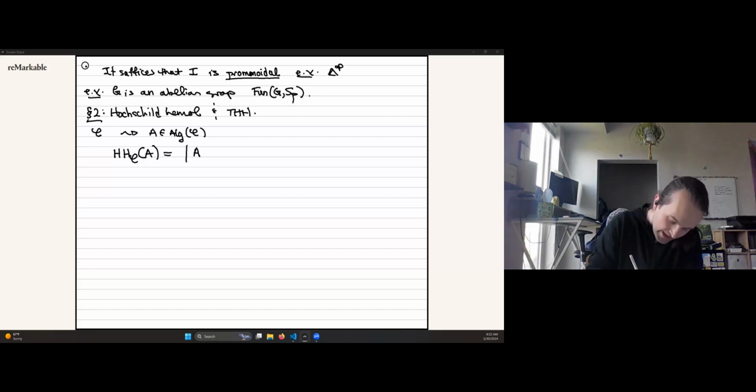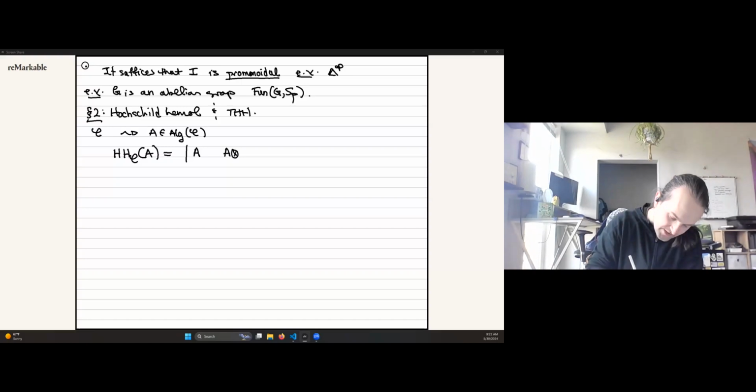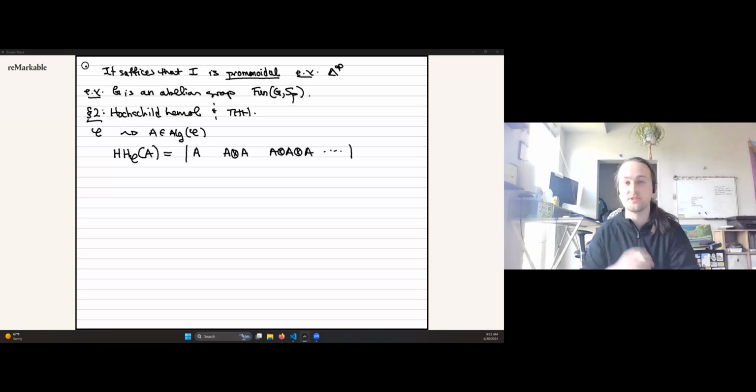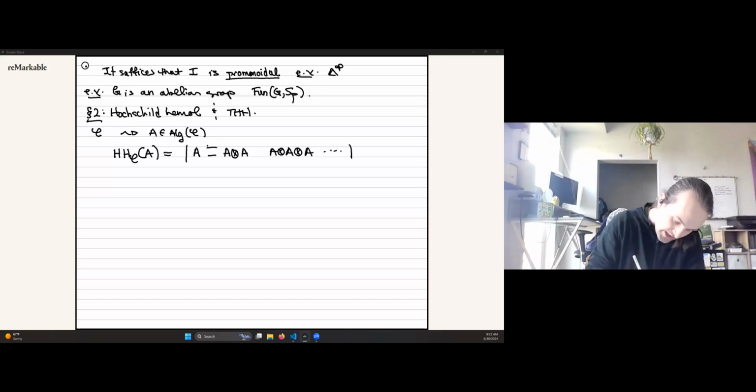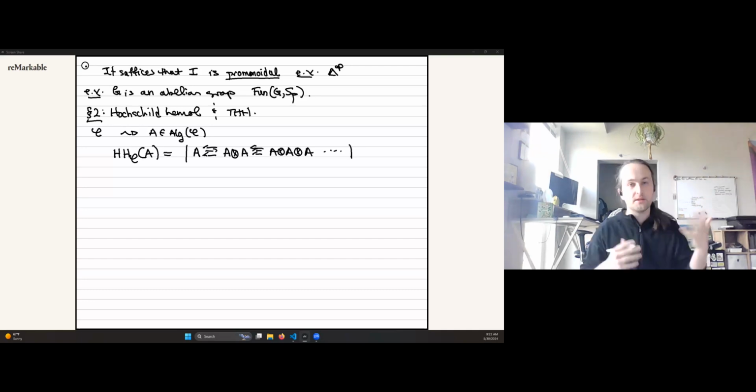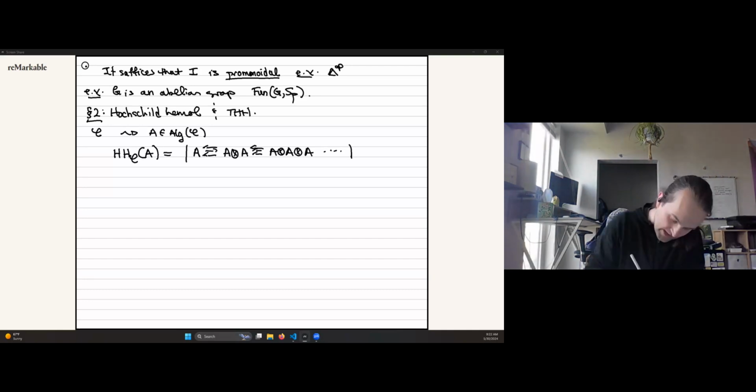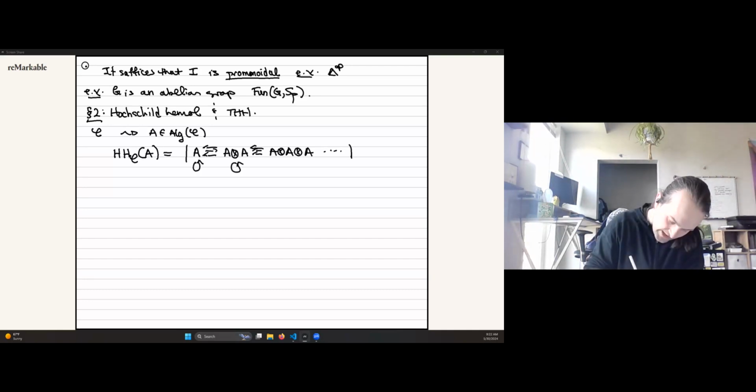So you start by putting A in degree 0, you put A tensor A in degree 1, A tensor A tensor A in degree 2, and so on. And of course, all of these tensor products are just the underlying symmetric monoidal product on C. And then by some universal technique, you can write down the cyclic bar construction. And what you end up getting is some diagram which looks like this.